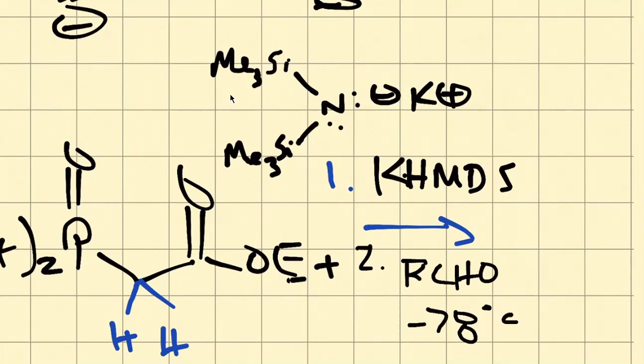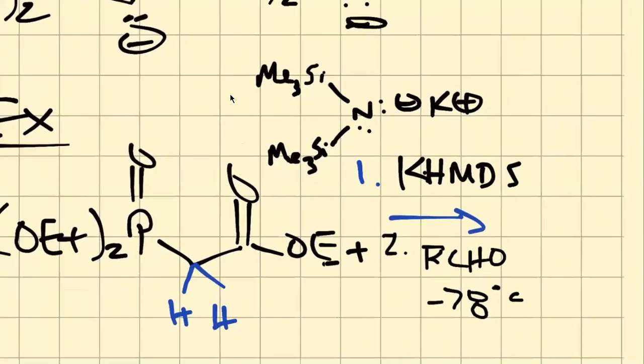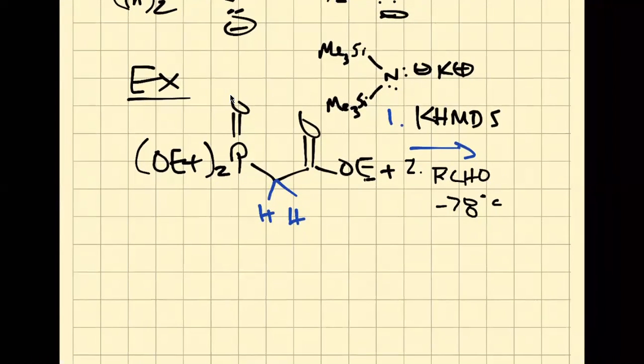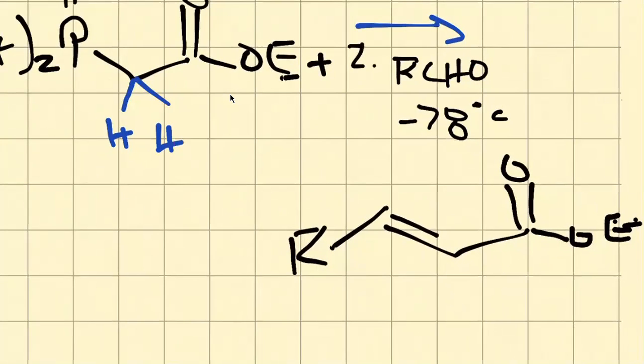All right, and then from there you get, let me draw it down here, a trans alpha beta unsaturated ester, 95 to 5 trans to cis. Let me zoom in so I can fix that.